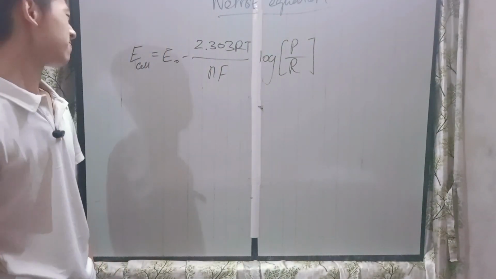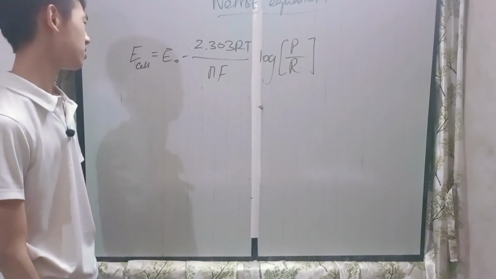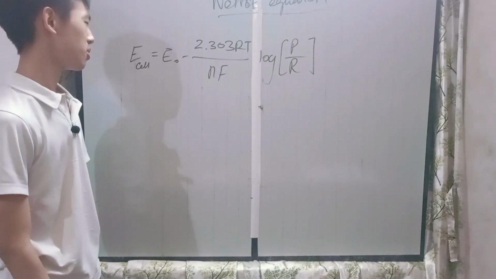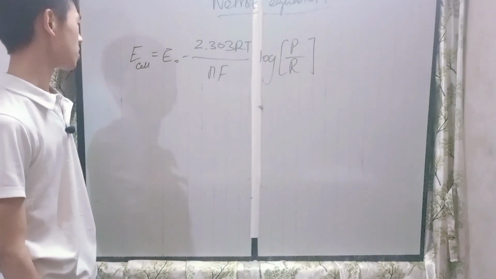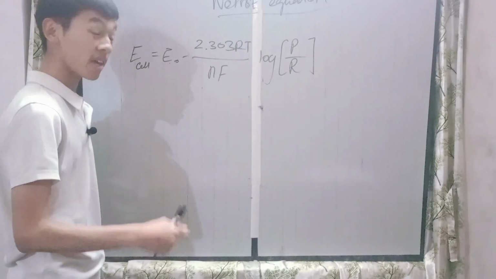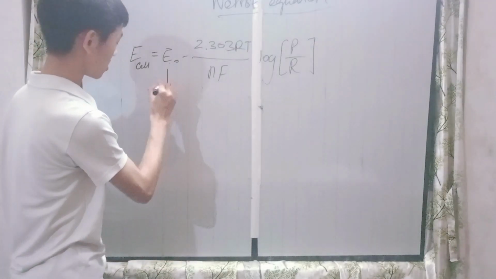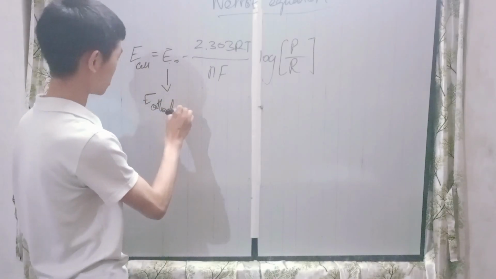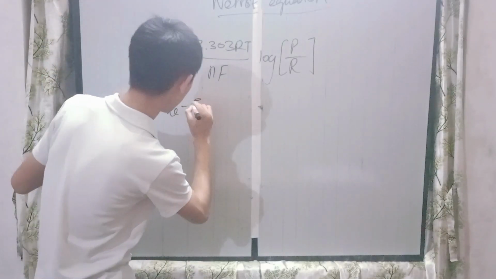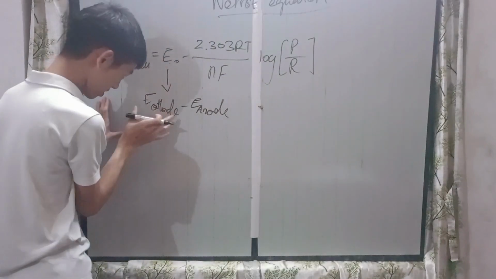Before I start with any lesson, I like to give out the formula and tell them what it does. So here E naught is the value you get by using the formula we used under standard conditions.